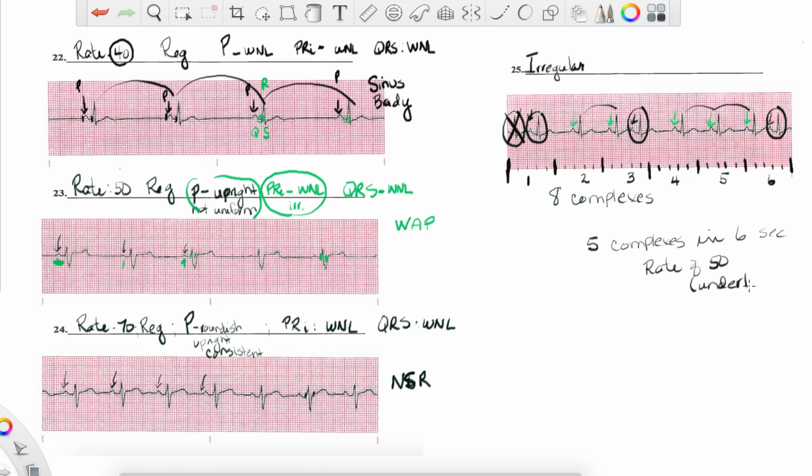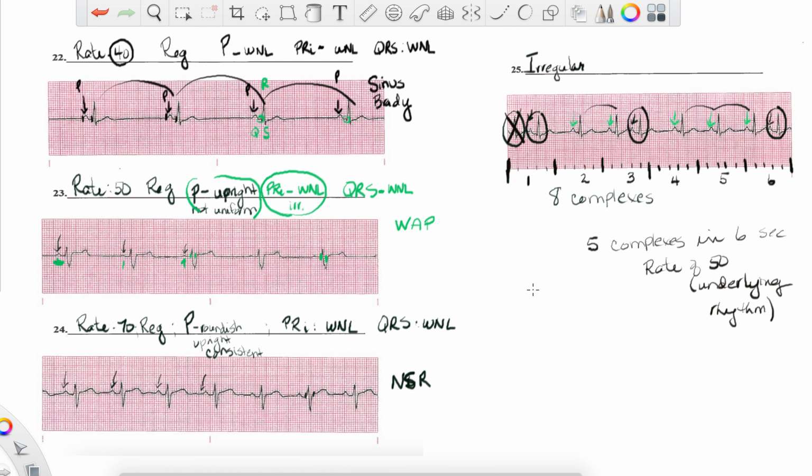So the underlying rhythm has a rate of 50. Can you see that? Because we know that this is a premature complex, as is that, as is that. We toss this one out because the entirety of the complex did not show up within the 6-second window of time. All right, so what is left with normal complex is only 5.